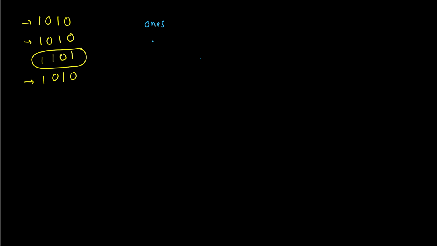ones and twos. So we will iterate through all the numbers of this array, and after each iteration, ones will hold the bits which have occurred once.